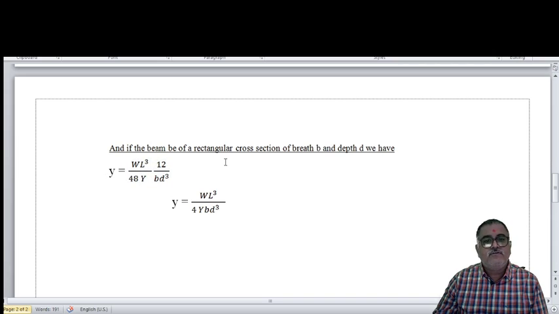If a rectangular cross section is taken, having a breadth b and depth d, then the formula can be written in this way: the depression y equals W L cube by 48 Y times 12 by b d cube, and this 12 divided by 48 gives 4, so y equals W L cube by 4 Y b d cube.